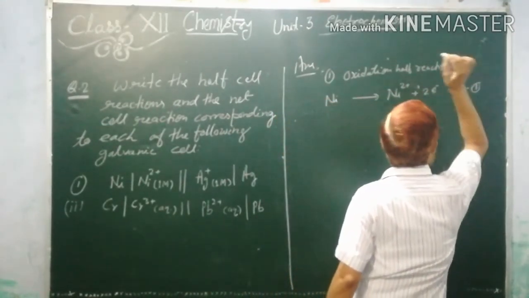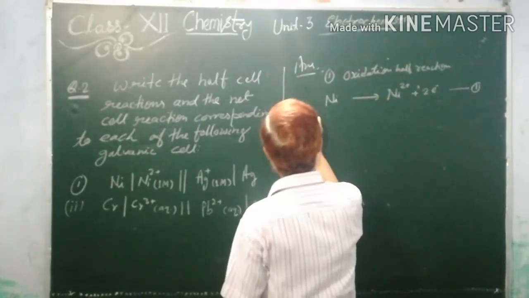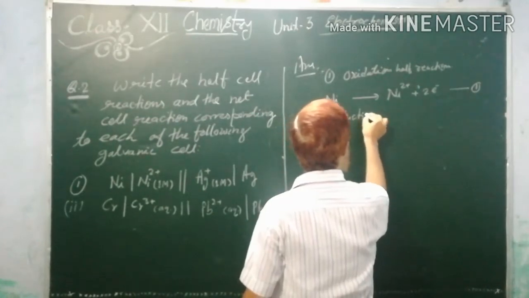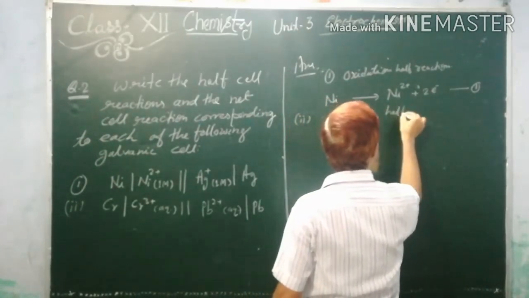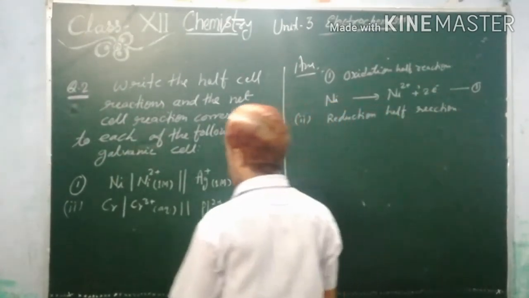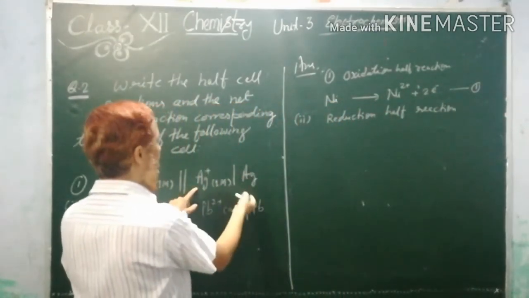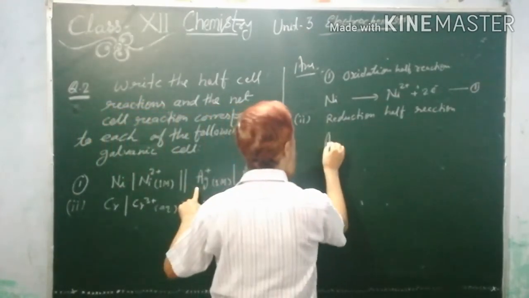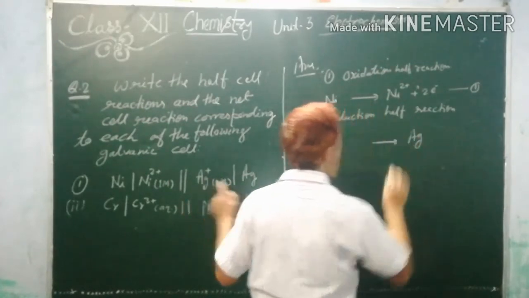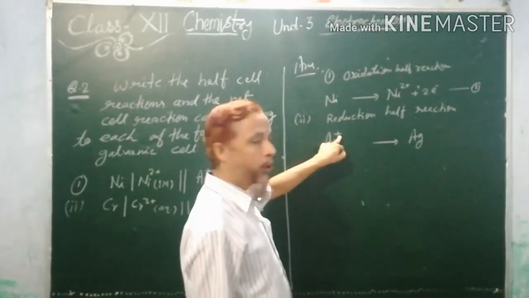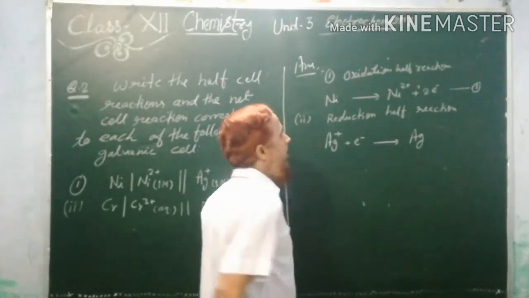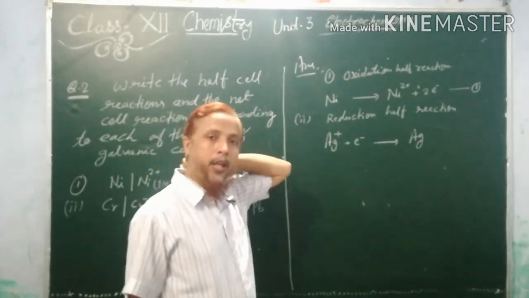This is equation 1. Now write the reduction half reaction, very simple to do. Reduction: Ag plus changes into Ag. To balance this one positive charge, we need 1 electron. So these two reactions represent the half reactions.